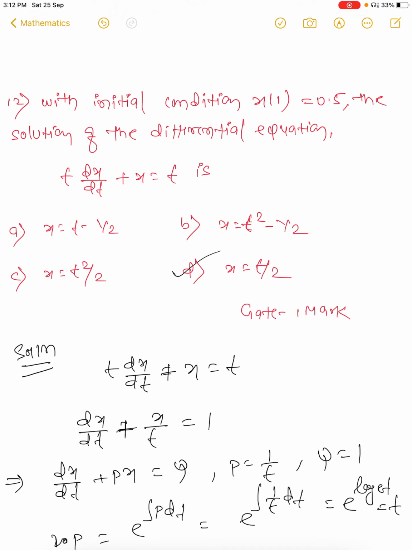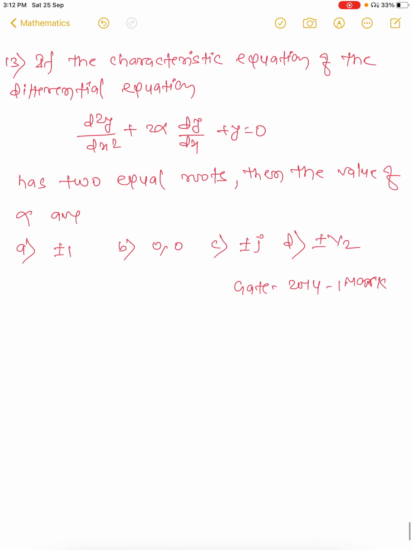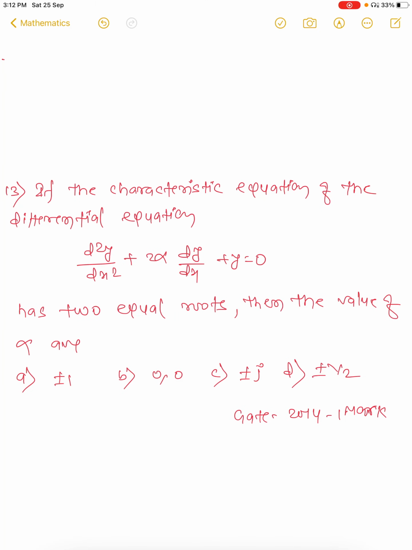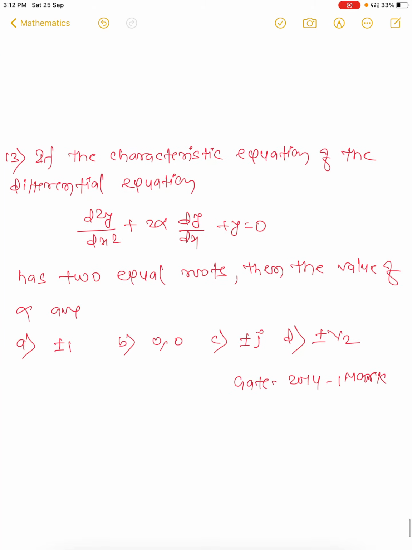GATE, this one asked in GATE 2012. If the characteristic equation of the differential equation has two equal roots, then the value of alpha is... Here the mention is equal roots.